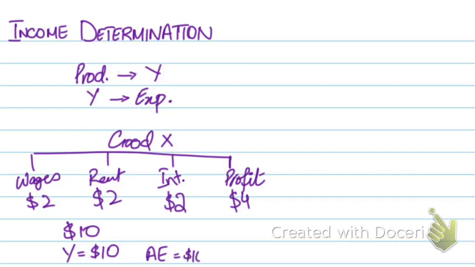So the aggregate expenditure is 10, right? And the equilibrium income for the producer is also 10. So this implies that equilibrium income equals aggregate expenditure, right? And to show equilibrium income in a diagram, we use the 45-degree line.